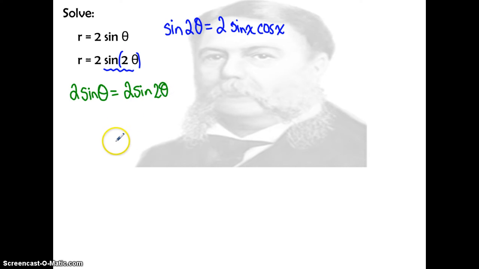And here we want to do some substitution because I want to get rid of that sine 2 theta. So 2 sine theta equals 2 times, replace sine 2 theta with 2 sine theta cosine theta.